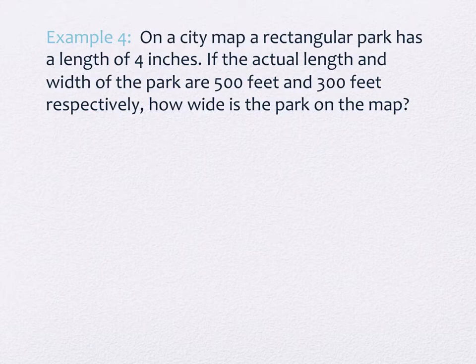Okay, so how about the inches and the feet? I'll describe it a little differently: it's the map size versus real size, right? The map is in inches, and the actual real life is in feet. So that is what's being compared.